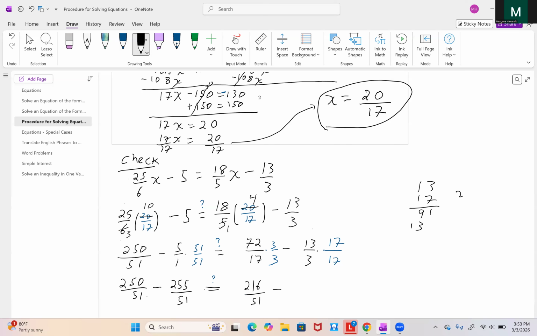This is 3, 1, 1, 2, 221. 3 times 17 is 51.